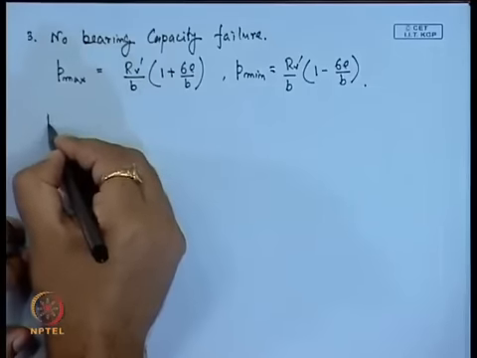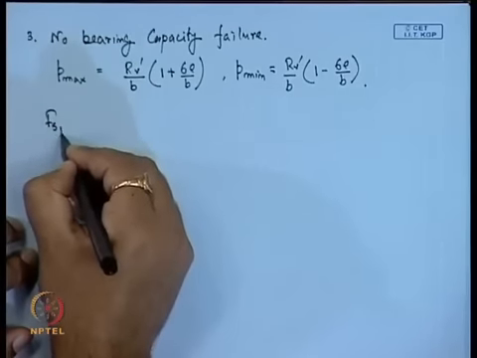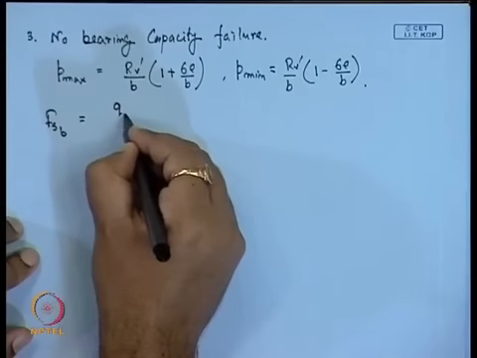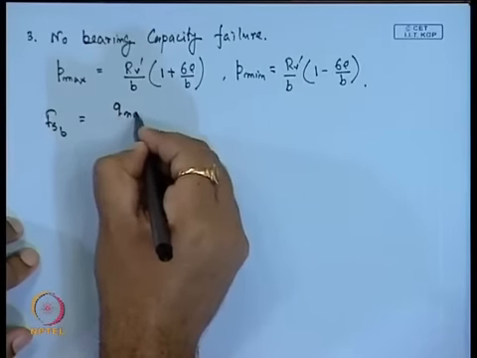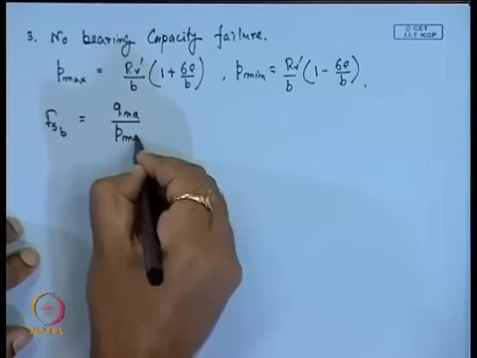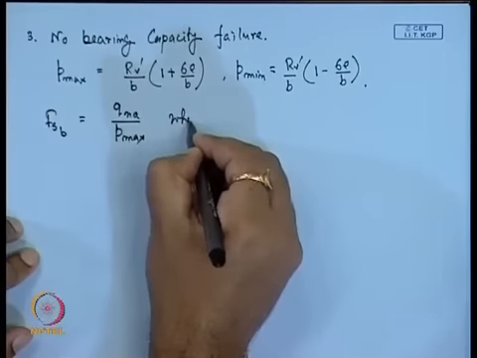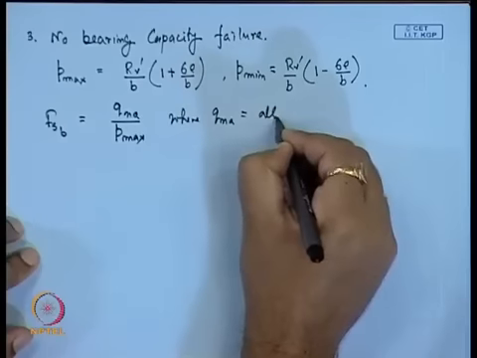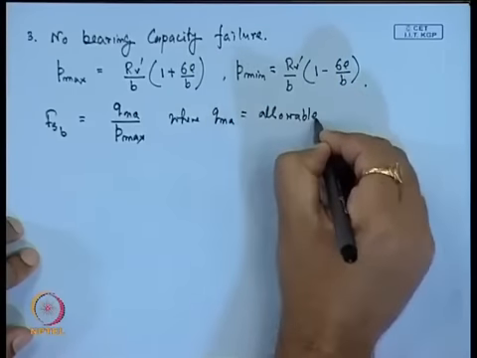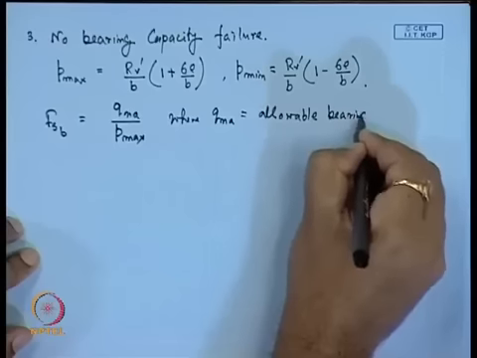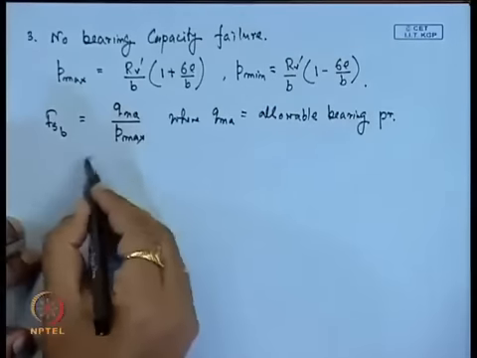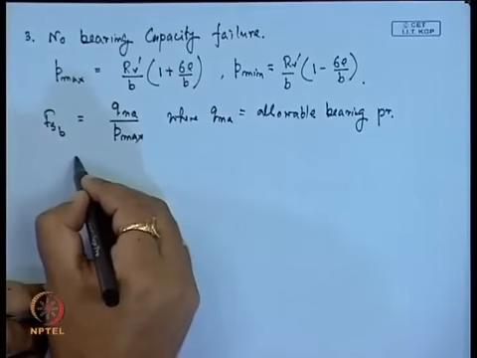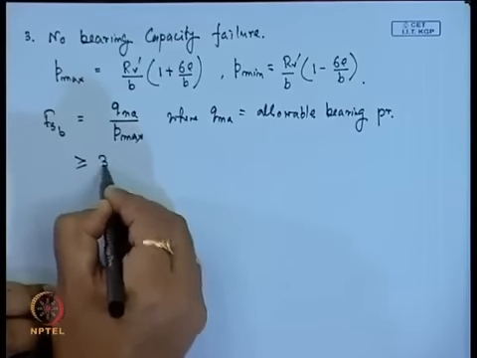Now the factor of safety for bearing capacity failure will be Q N A divided by P max, where Q N A is the allowable bearing pressure, and this F should be greater than or equal to 3.